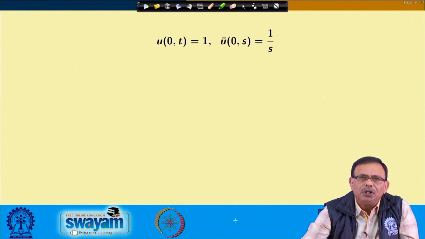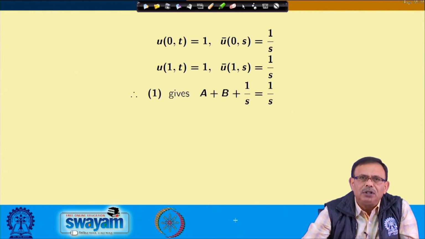For that, I am using two conditions. One condition I know is u 0 t equals 1. So, u bar 0 s will be equal to 1 by s, and you have u 1 t equals 1, from here you can obtain u bar 1 s equals 1 by s.